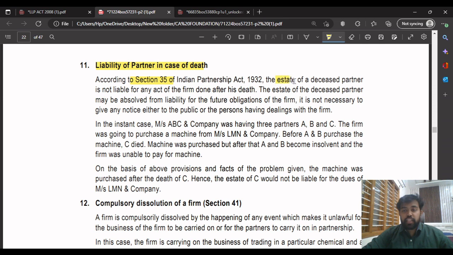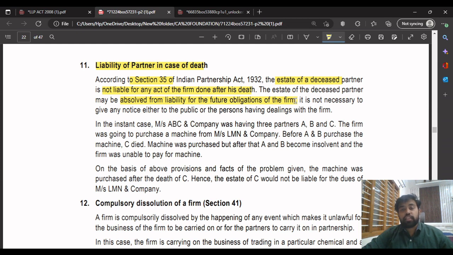The estate of the deceased partner is not liable for any act of the firm done after his death. The estate of the deceased partner, as I said, is not liable for the acts of the firm after his death. And at this point, these words you should write as they are given: absolved from the liability for future obligations of the firm.